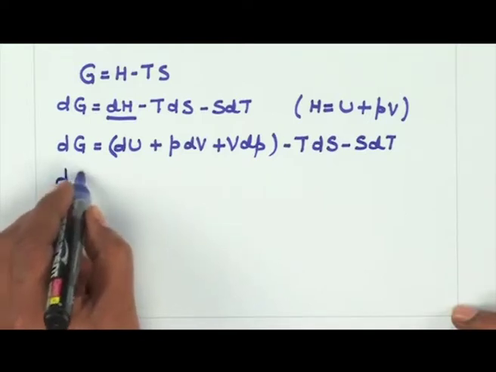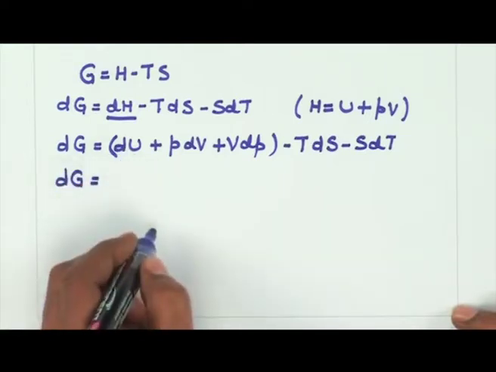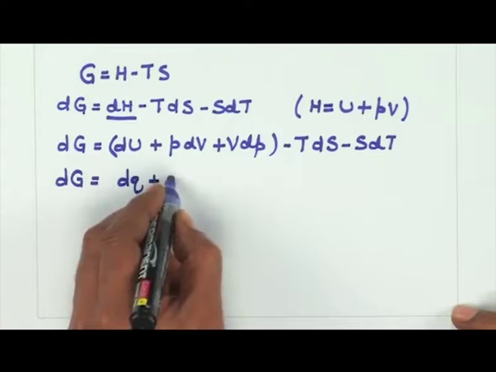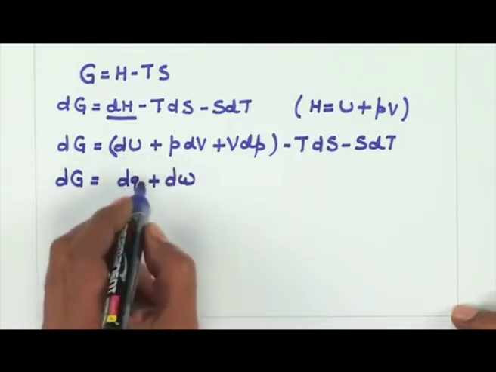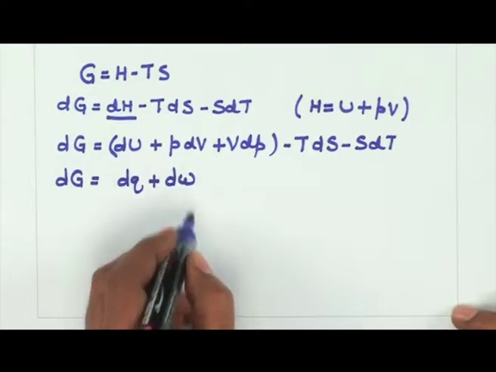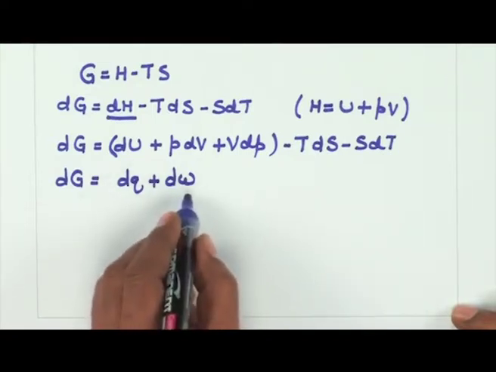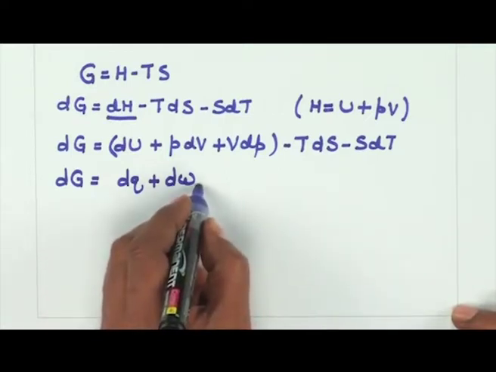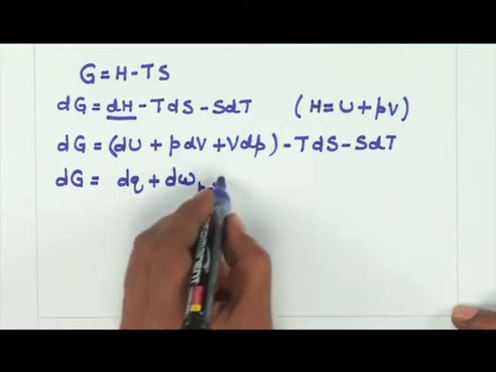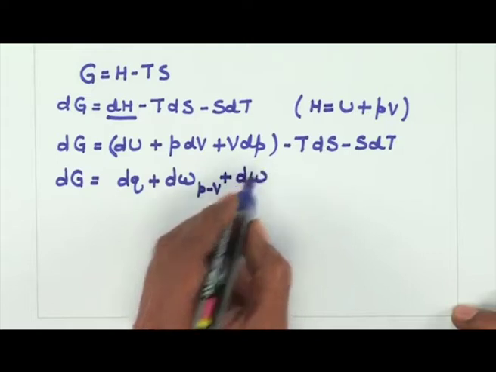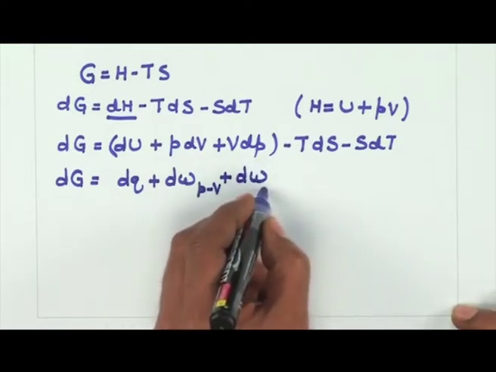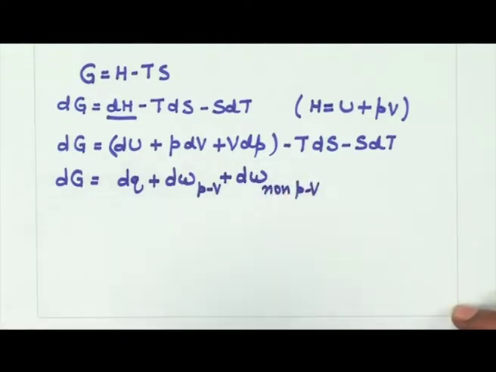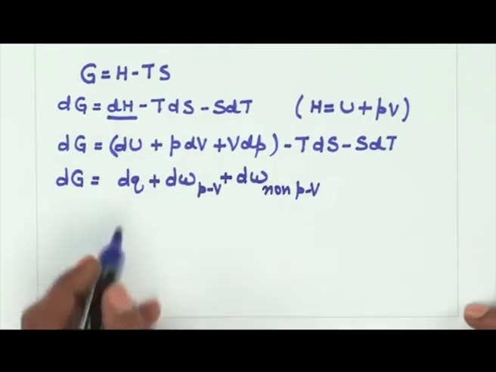Let us further continue. Now, I will use the first law, dU is equal to dq plus dw. Now, in this dw, I am making some change: this is pressure volume work plus dw, which I write as non-pressure volume work, which you can write as dw extra, or there are various terminologies which can be used.